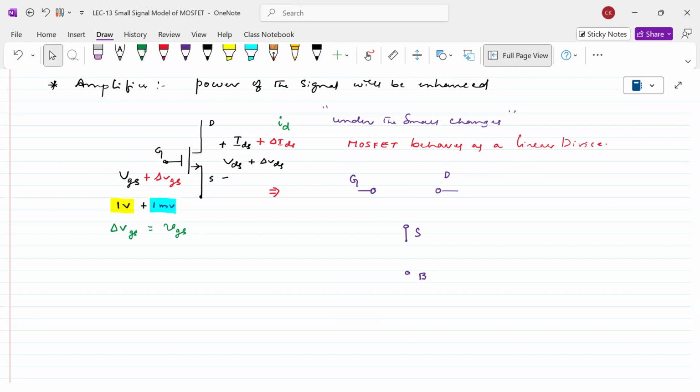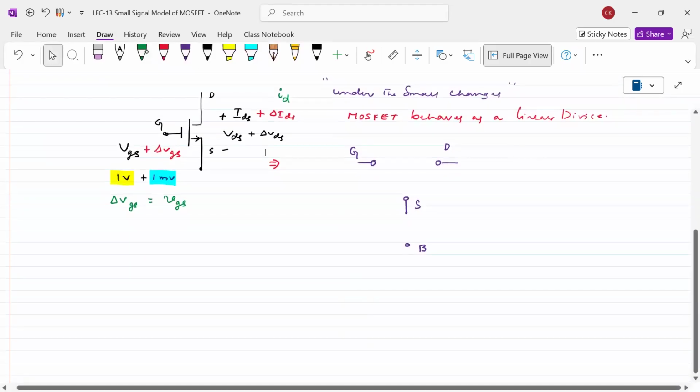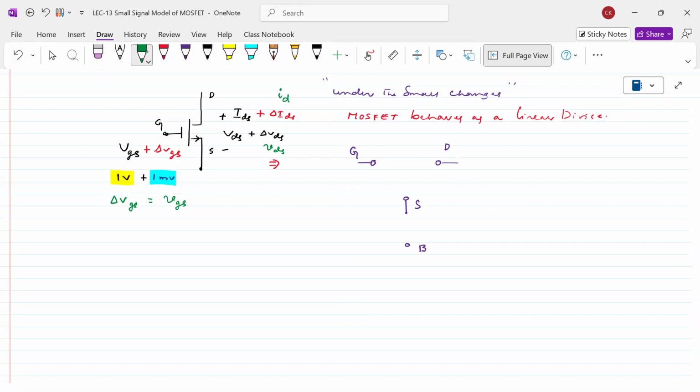Now that is another parameter, that means a small change in vds will also be responsible. Whenever I write small letters, remember it means a small change. And there is a possibility that the body is also involved.